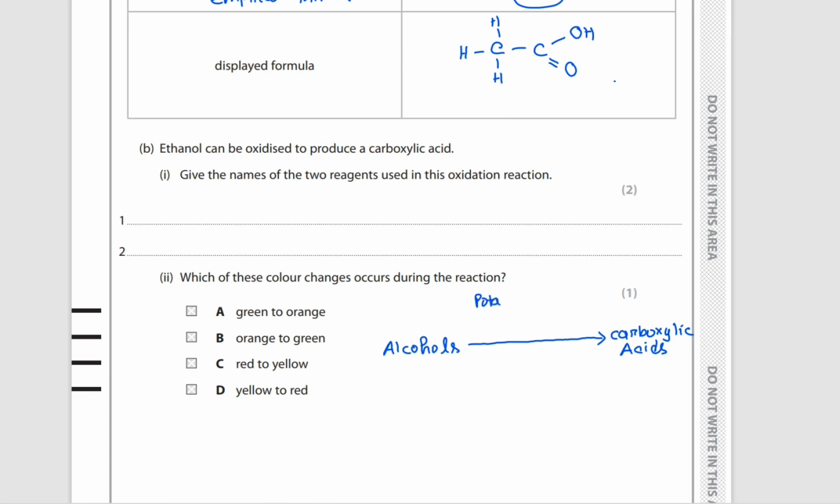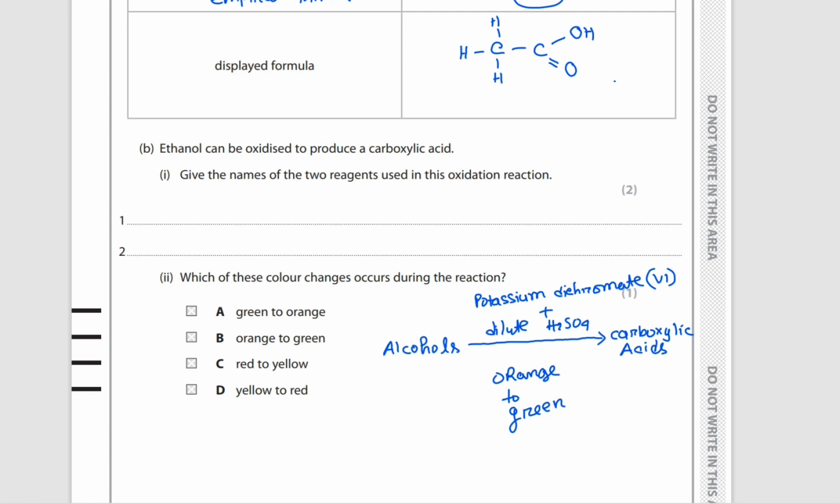So these are potassium dichromate(VI) and dilute sulfuric acid. And there will be a color change for this reaction, that is orange to green. Right, so this is a type of reaction that we study in our course.